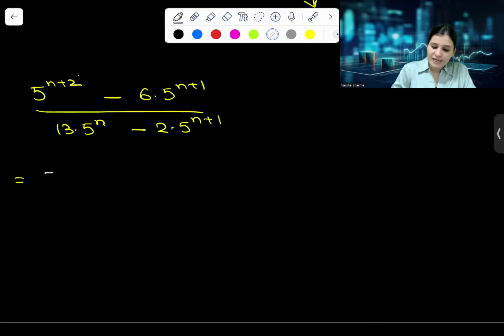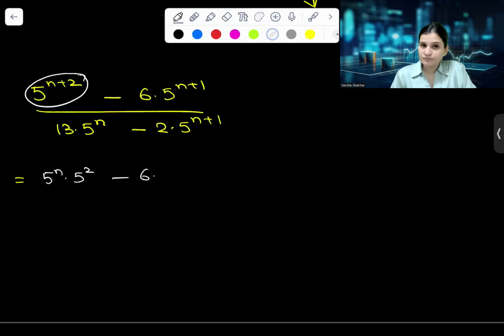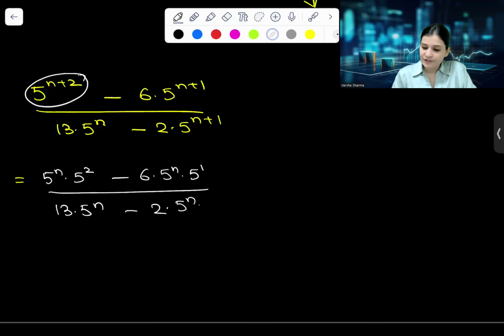This n plus 2 can be written as 5 power n into 5 power 2. Next, 6 into 5 power n into 5 power 1. Here I have no place to split. Here again 5 power n into 5 power 1.